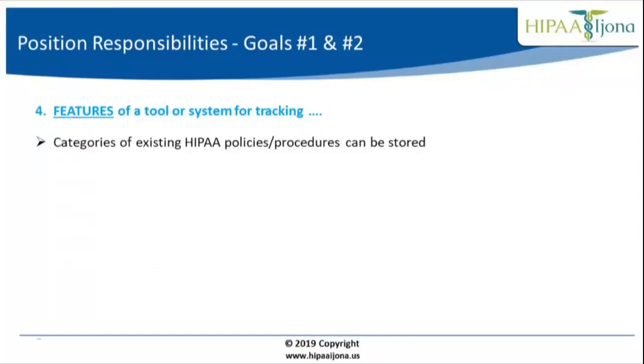You need to take categories of HIPAA policies and procedures, and this system needs to be able to store those. And this is just a PDF file, a Word file, is all it is. But when you put it into this system, it will calculate what the risk factor is now, based upon the fact that you have a policy and procedure in place. Okay, you don't have a clue how to do it. This is something that's embedded in the system.